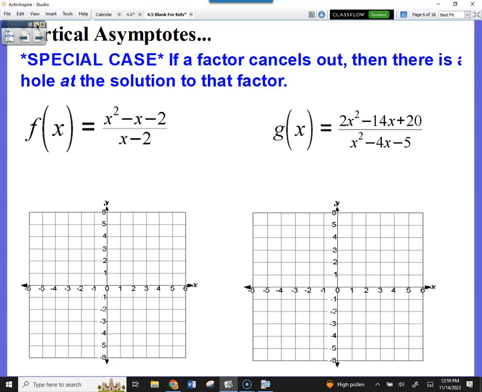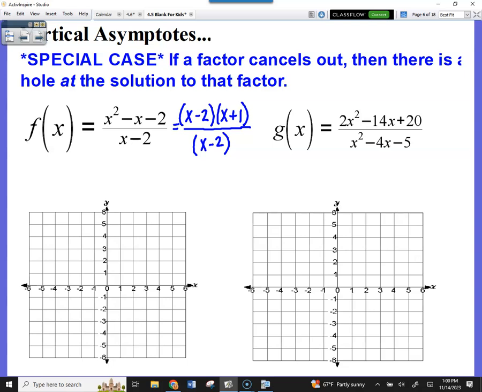So look at this example right here. Let's factor the top and the bottom. Put it in factored form. What will the top factor to? And then the bottom's already a binomial in simplest form.